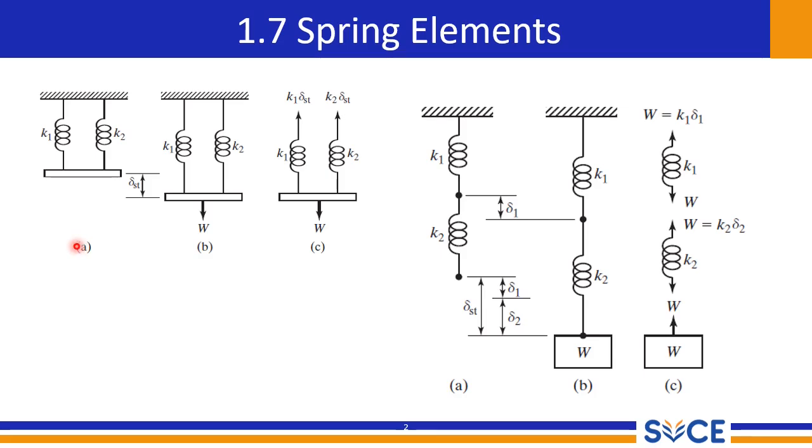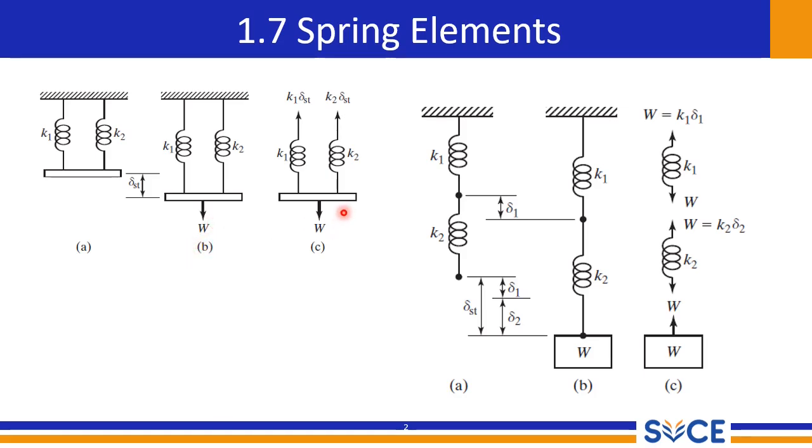Let's start with springs connected in series. Imagine two springs K1, K2 hanging one after the other as shown in this figure. In a scenario like this, we see them at rest. When we apply a force of W as shown here, the springs will stretch.